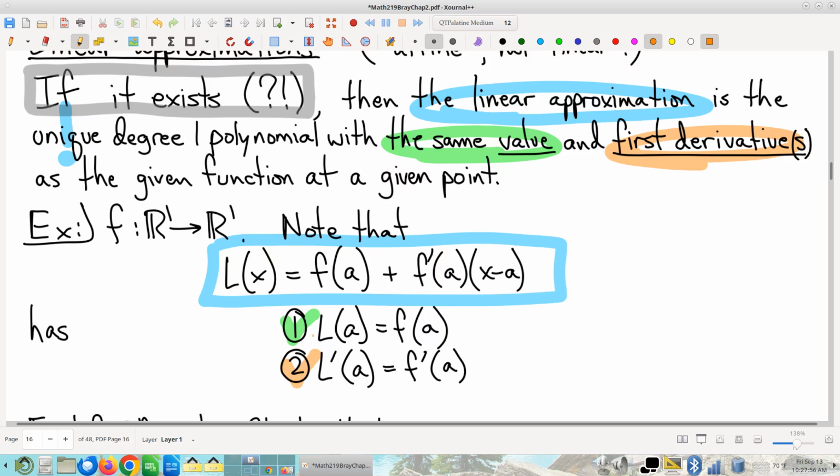That's kind of geometrically how you're going to think about it. That mimics the function f in terms of value and derivative, in terms of what it is and where it's going, right? So on a fundamental level, this is a pretty natural thing to want to talk about. This is the best possible mimic of f in these senses at the given point A that we're interested in.